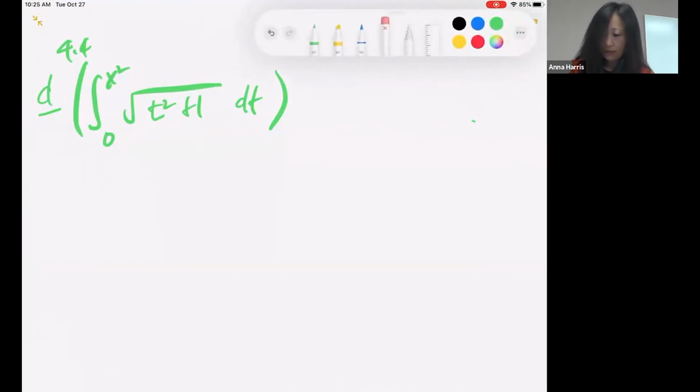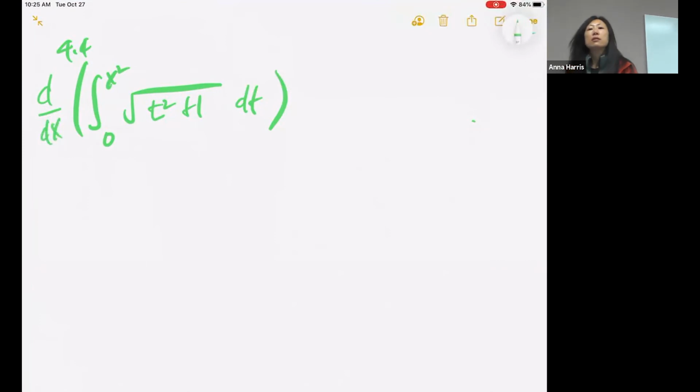I'm taking a derivative with respect to x. It's exactly the same problem, but my upper limit changed. Does everybody see it? My upper limit is now x squared.